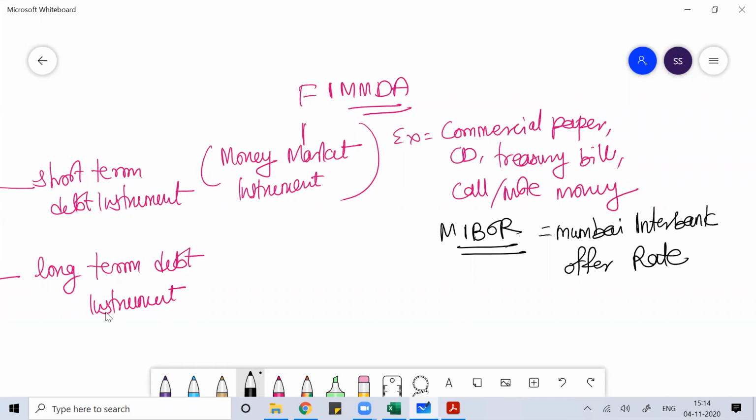In the international market, LIBOR is considered as a benchmark rate. LIBOR stands for London Interbank Offer Rate. Suppose SBI goes to Tokyo or Singapore and raises some money from a Singapore exchange. At what rate will they do it?